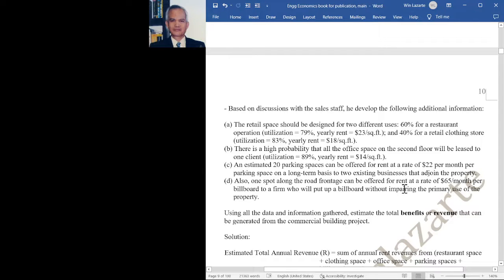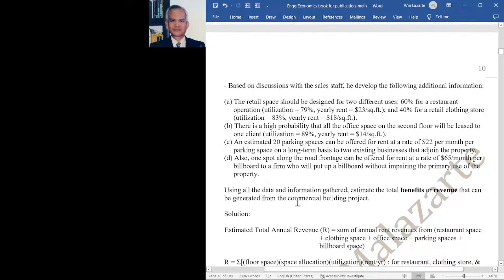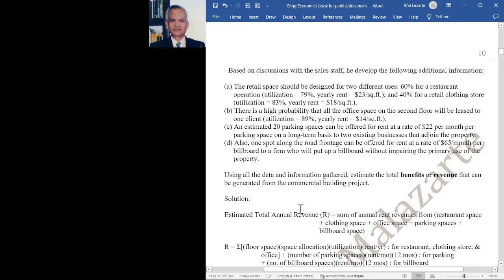Again, for the billboard, its unit benefit factor is $65 per month per billboard, and its number of units is just one because there's only one spot for one billboard. Now, using all the data and information gathered, estimate the total benefits or revenue that can be generated from the commercial building project. Okay, solution.